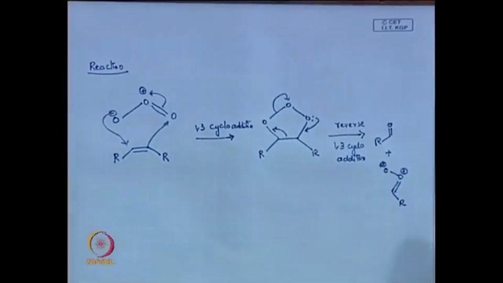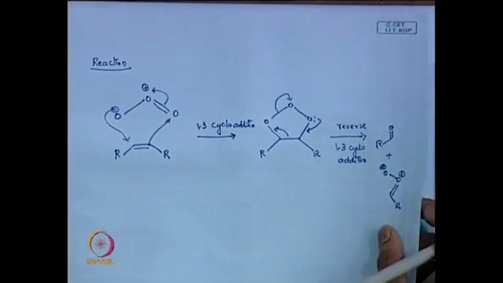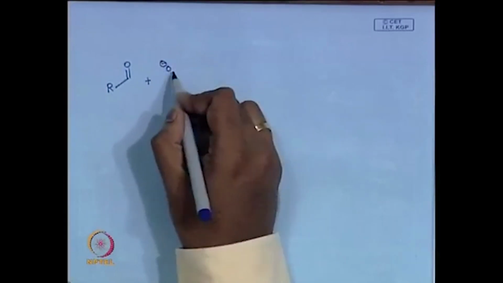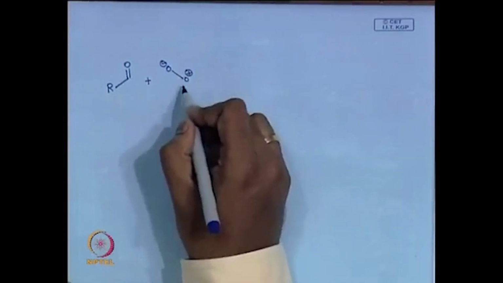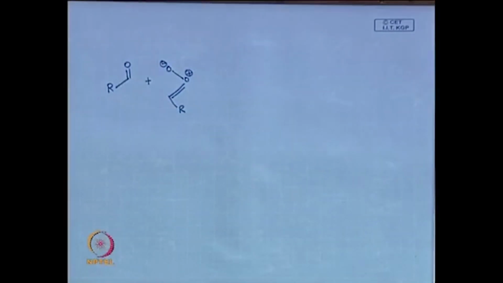So, that is how it splits. If I write them, what am I getting? I am getting an R carbonyl plus O minus O plus. This is not going to recombine like that; it is very hard to recombine like that.